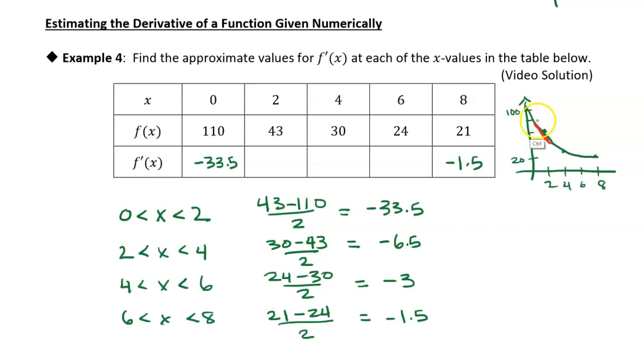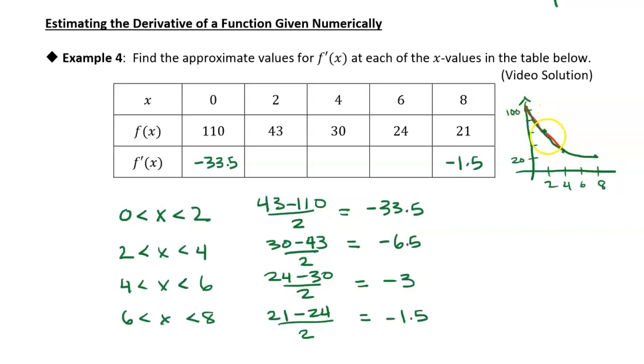What I have is this slope and this slope, and I know that the derivative at 2, the slope of the tangent line at 2, has got to be somewhere in between those two slopes. You can see that the slope is negative and becoming less negative, so it's increasing. The graph is concave up.